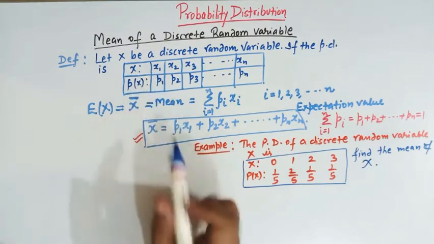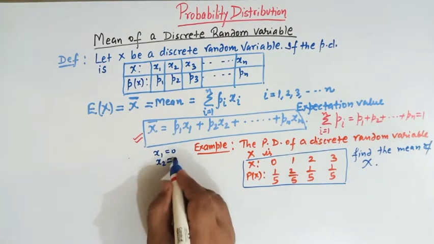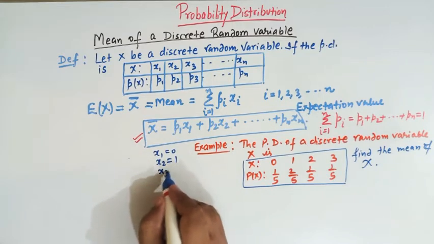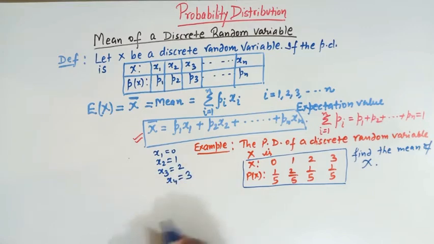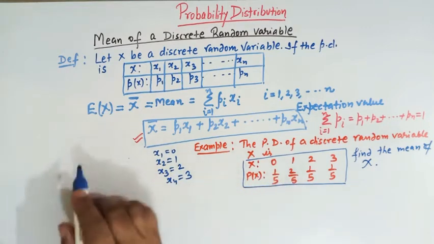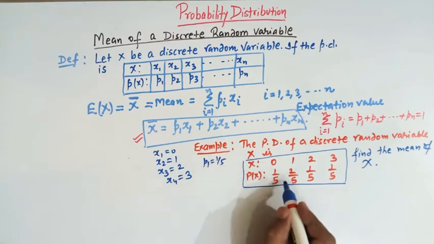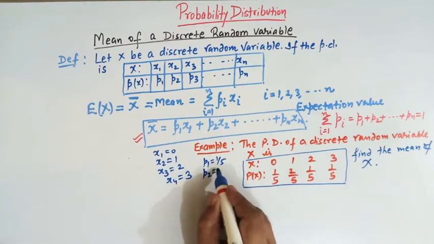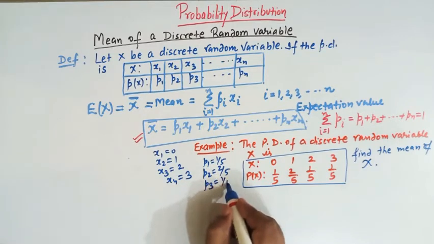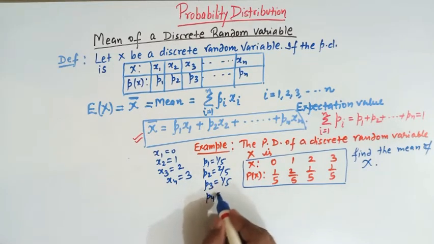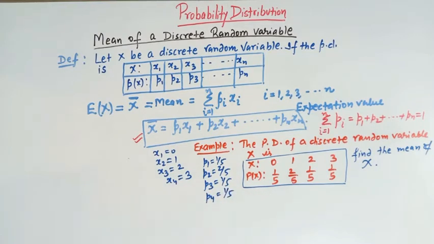So x1 is 0, x2 is 1, x3 is 2, and x4 is 3. And the corresponding probabilities, that is p1 is 1 by 5, p2 is 2 by 5, p3 is 1 by 5, and p4 is also 1 by 5.